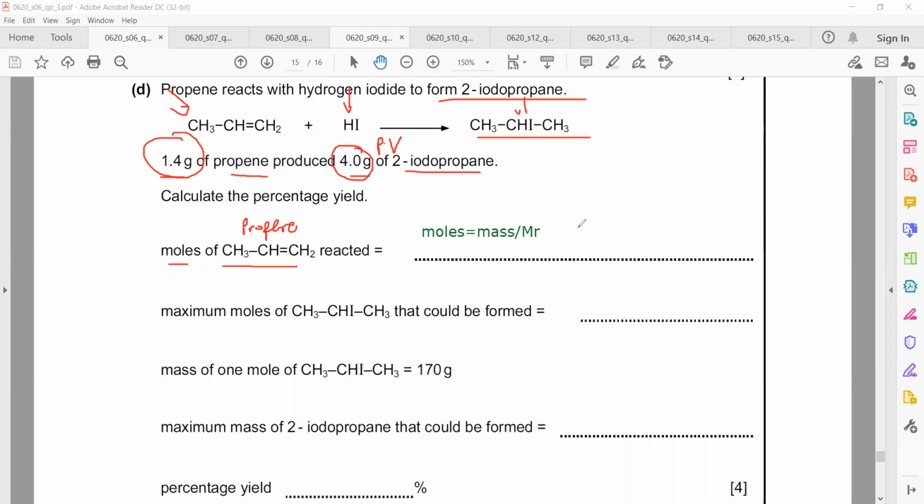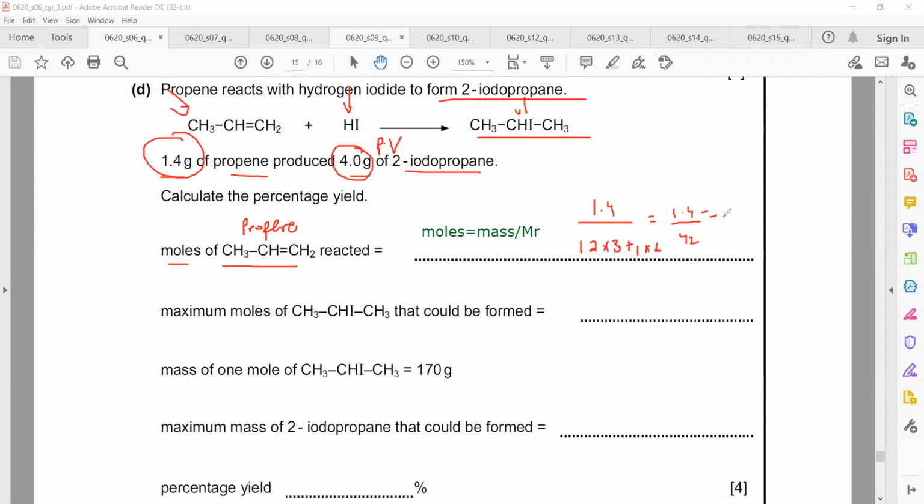It is 42. I will show how you will get it, because this compound contains 3 carbon. So it will be 12 multiplied by 3, which is 36. Plus this contains 3 plus 1 plus 2, 6 hydrogen. So it will be 1 multiplied by 6. So that is equal to 1.4 divided by 42.